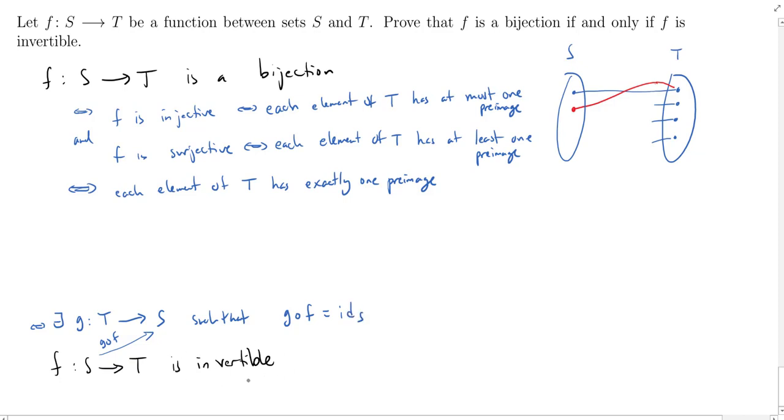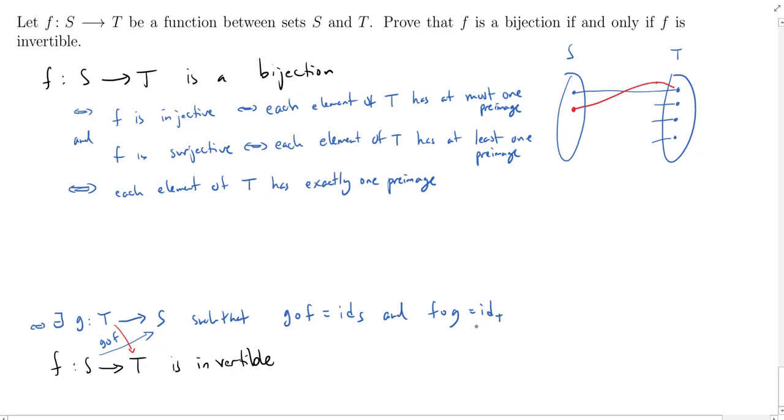And the other direction needs to work similarly. So if you compose first g, which goes from T to S, and then f, which goes from S to T, you should get a map now from T to T. And furthermore, that map from T to T should be the identity map.